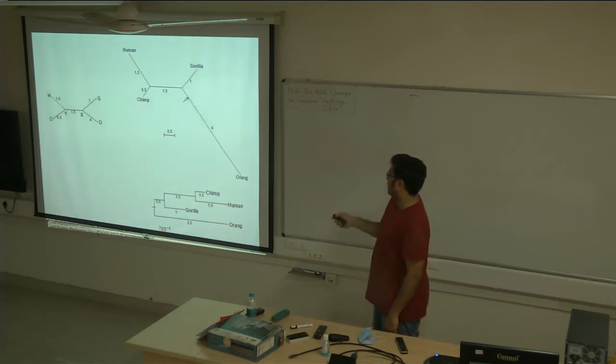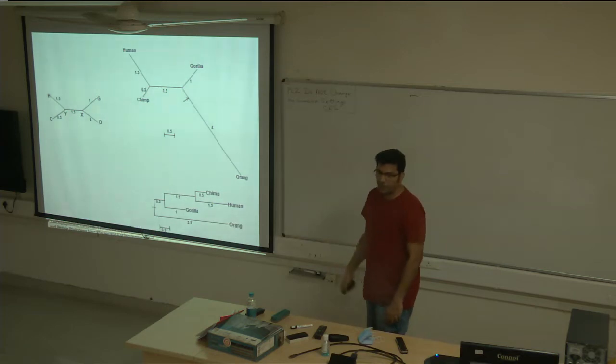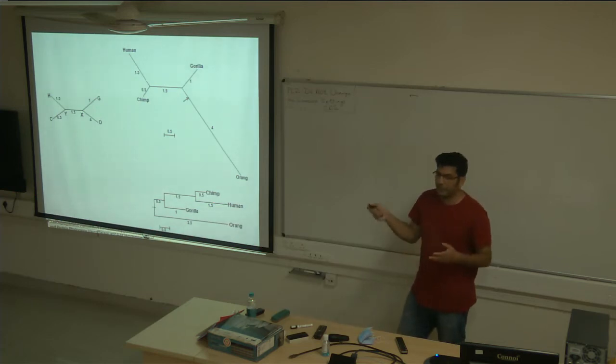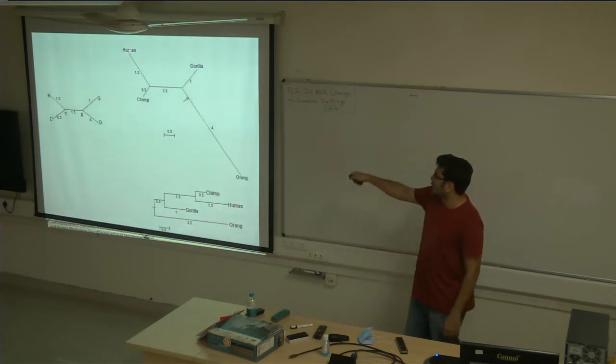And then here we'll use midpoint rooting. So Praveen must have told you in the morning the idea behind midpoint rooting. In this case, you pick the longest branch. So this is the longest branch with a distance of 7, and you place the root at the midpoint of this, so that is at 3.5.